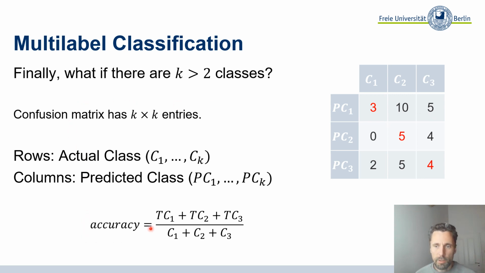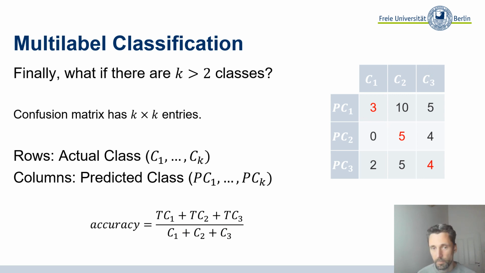Now, obviously, the first thing that we could do is to see how many correct predictions we gathered. So 3 correct predictions for class 1, 5 correct predictions for class 2, and 4 correct predictions for class 3. These need to be summed up and compared to the total number of class-specific samples.